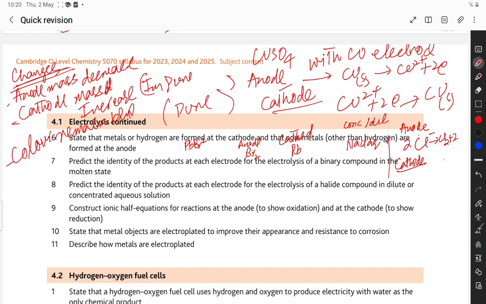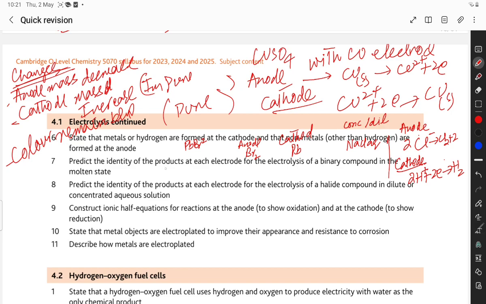Except for hydrogen, positive metal ions are formed at the cathode, but in the case of a dilute aqueous solution, hydrogen is formed, because hydrogen is less reactive than all the metals above it in the reactivity series of cations. So that's why hydrogen is discharged at the cathode.